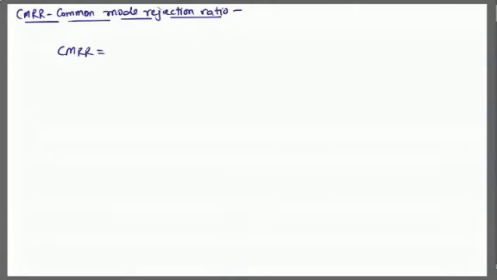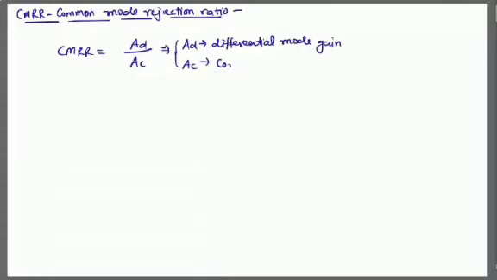CMRR is the ratio of differential mode gain to common mode gain. Here AD represents differential mode gain and AC represents common mode gain. And what is the meaning of differential mode gain and common mode gain?